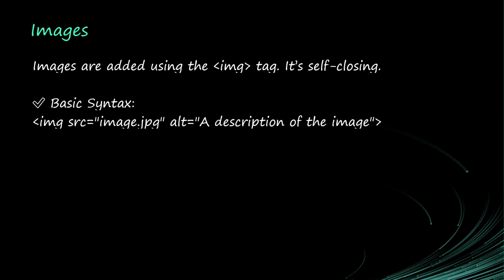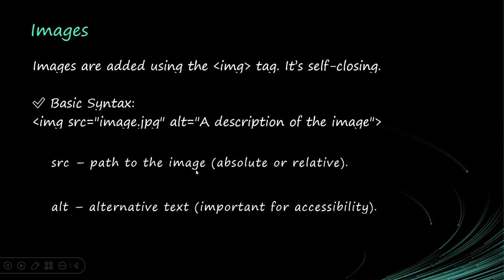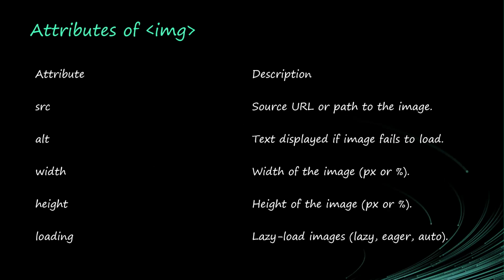It is the path to the image. It can be absolute or relative. I believe by now you will understand what a relative URL and an absolute URL are. It also has an alt text, which is what the user will see in case the image doesn't load. It is compulsory. Always make sure you use it.